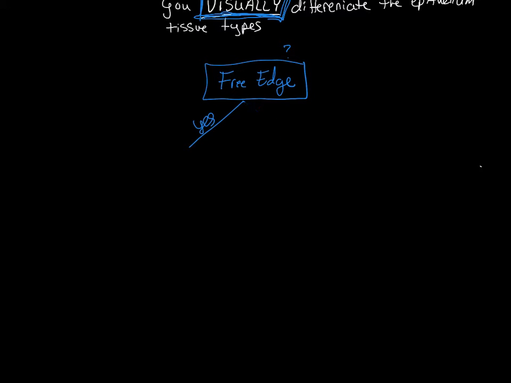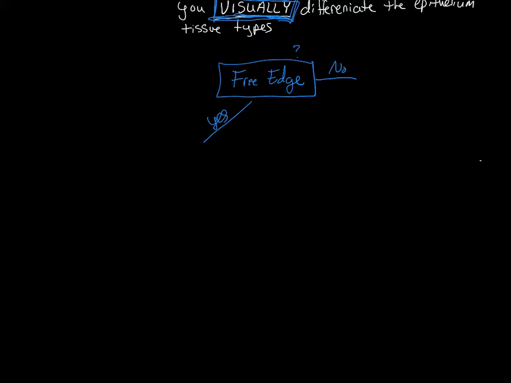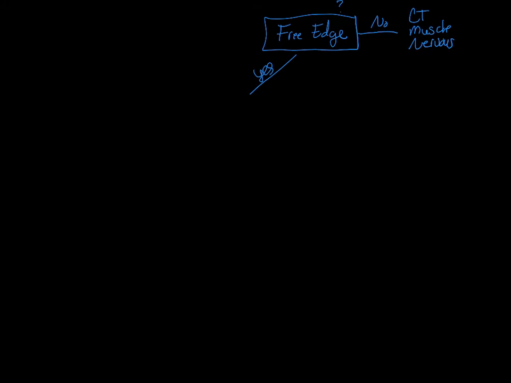Now, every single time I do a concept map for this, I do it differently. So there is no right or wrong concept map. So if it's no, there's no free edge, then you know you're dealing with connective tissue, muscle, or nervous tissue. If there is a free edge, then you've got your next question to ask, okay?